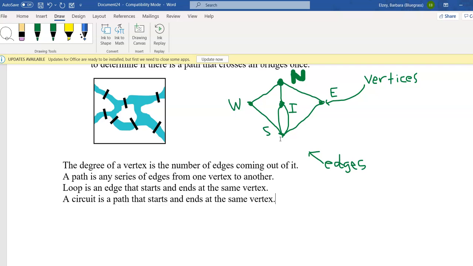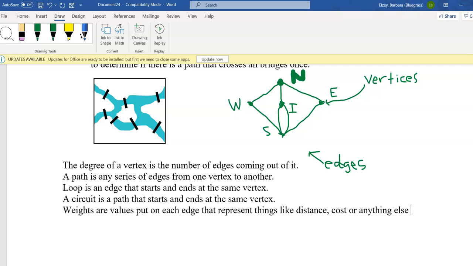All right. And then weights. Later on, we're going to see some graphs with weights. Weights are values put on each edge that represent things like distance, cost, or anything else that we might need to minimize.